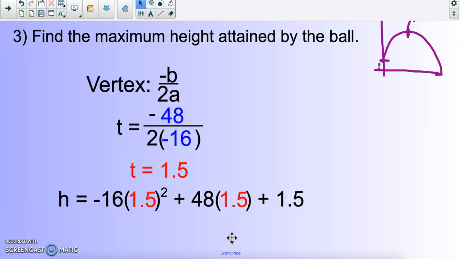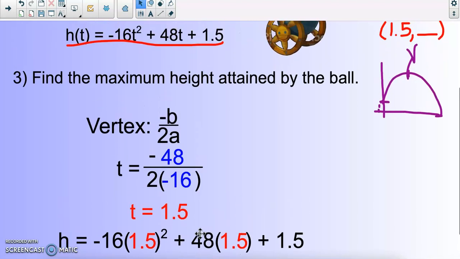Then using my calculator, I can find that the maximum height is going to be 37.5 feet. So again, when things are thrown or travel through the air, they travel in this parabolic path. And these values we've been finding algebraically, these graphing values like the vertex and the roots, have meaning in real world contexts.